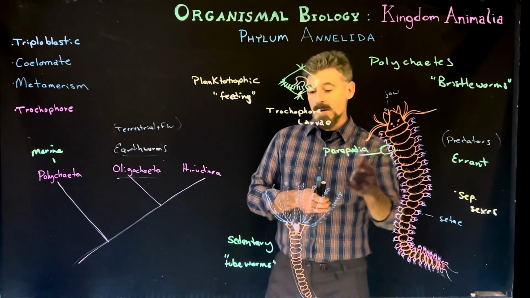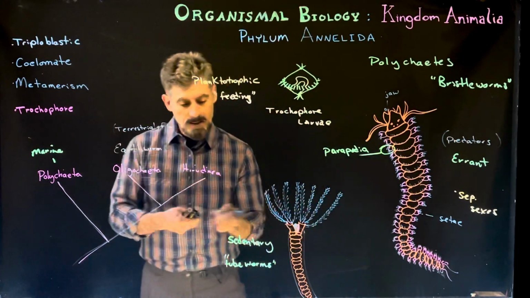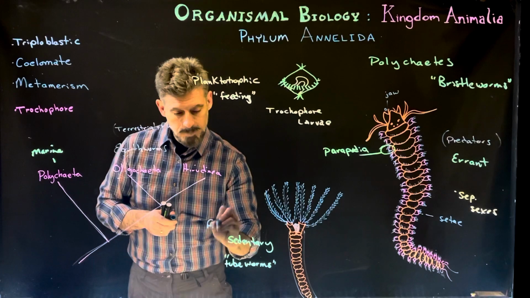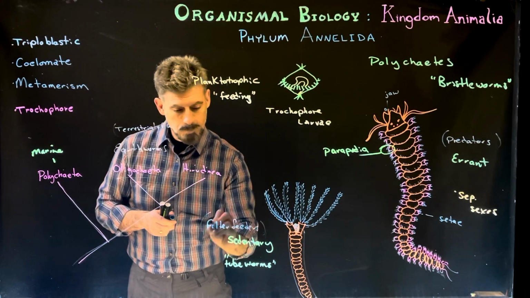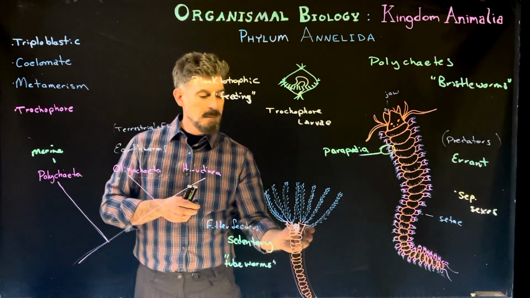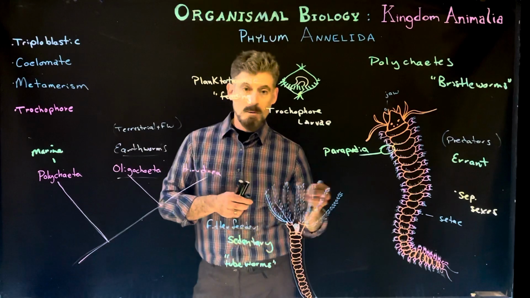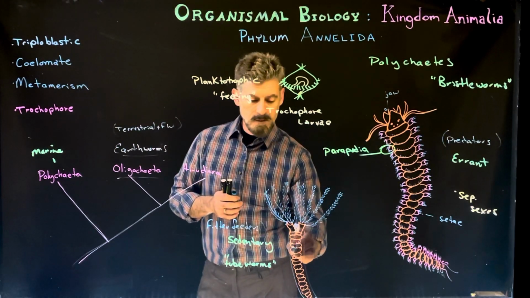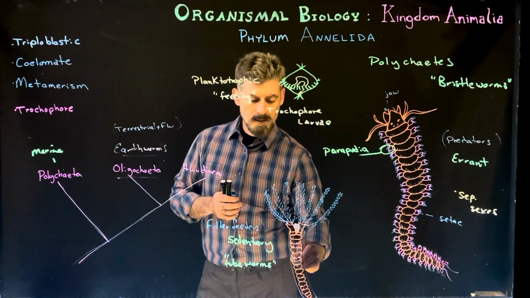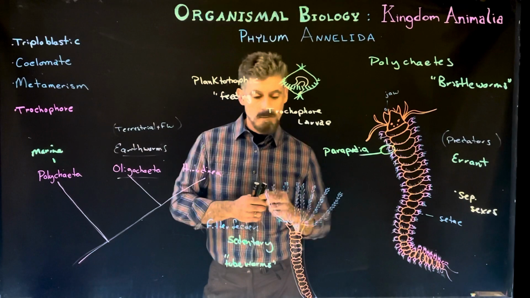Now, what we have are then the sedentary or the tube worms, who are filter feeders. So they have the body broken into segments, and they do have chaetae. Usually the parapodia are greatly reduced, or lacking, but they still do have chaetae. They're still covered in the chaetae along their body, just typically not as much as the errant polychaetes would be.